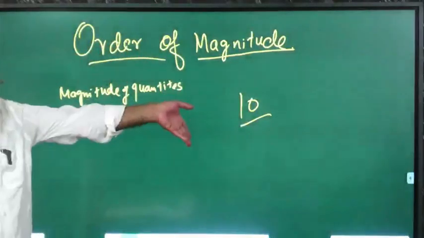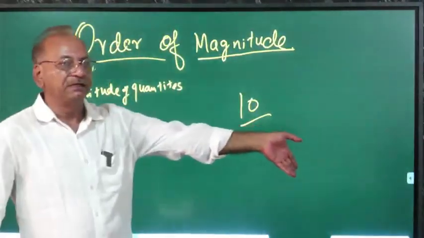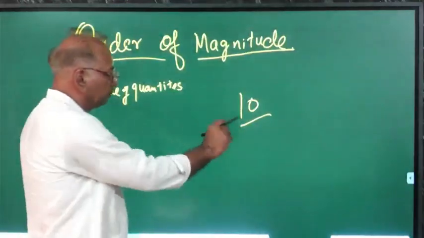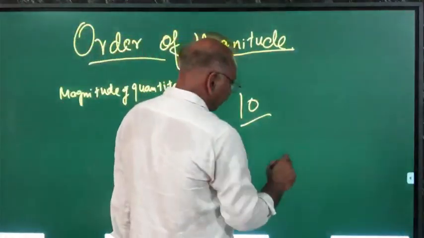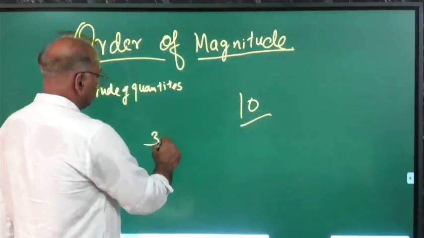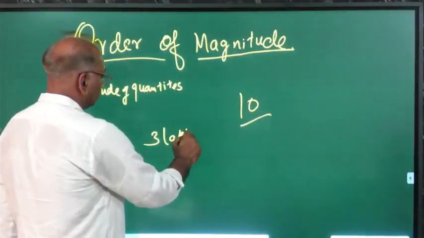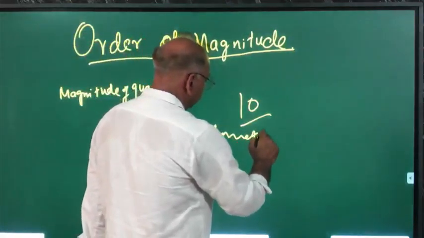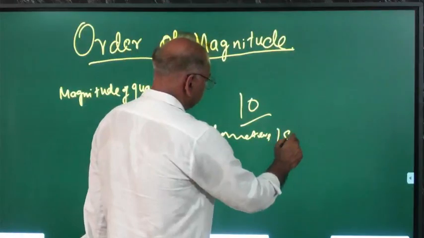Like we have just seen that the speed of light is 299 and so many figures. In short, it is expressed as 3 lakh kilometers per second.